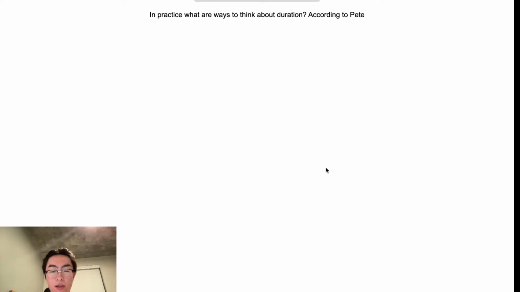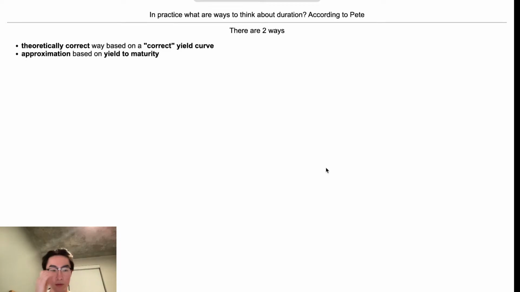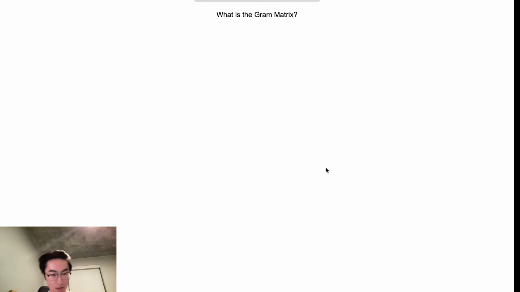But duration we can think of as the present value weighted average time until maturity, and maybe according to Pete, it's how sensitive your investment is to interest rates. Percent yield to maturity. Okay, kind of got that right.